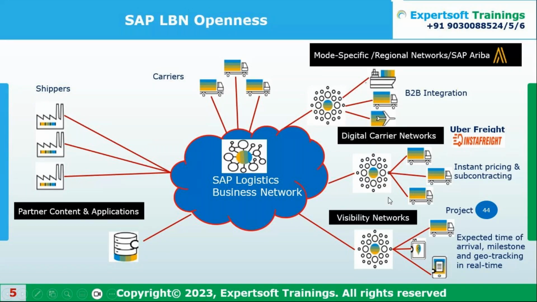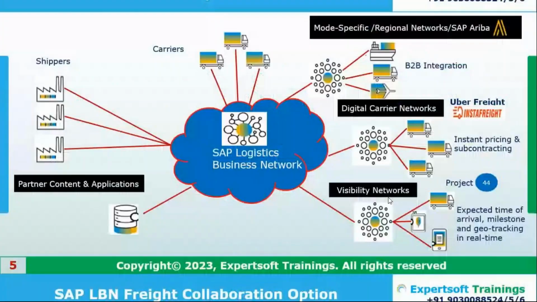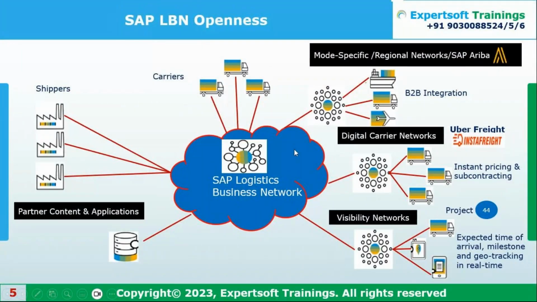It's not only the carriers, it's also the visibility providers or the B2B communications. If anybody is using this TMS or another system, even project 44, all of those will be onboarded. There is a dedicated onboarding team from SAP.